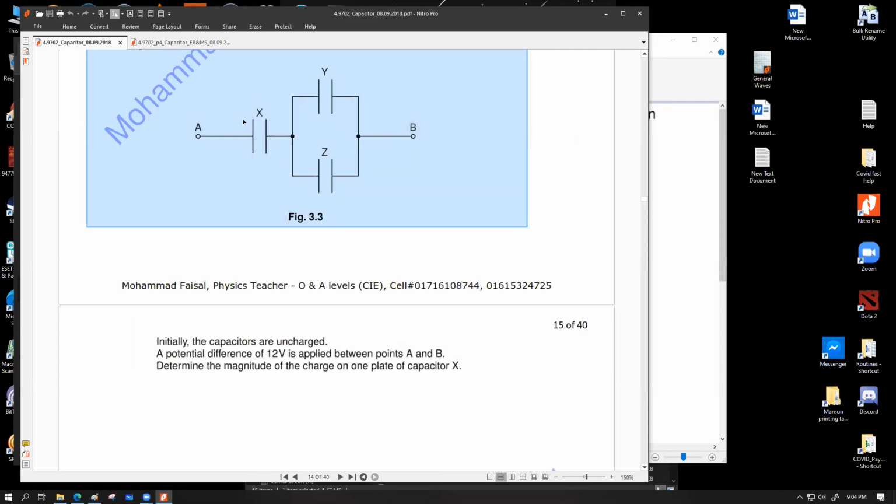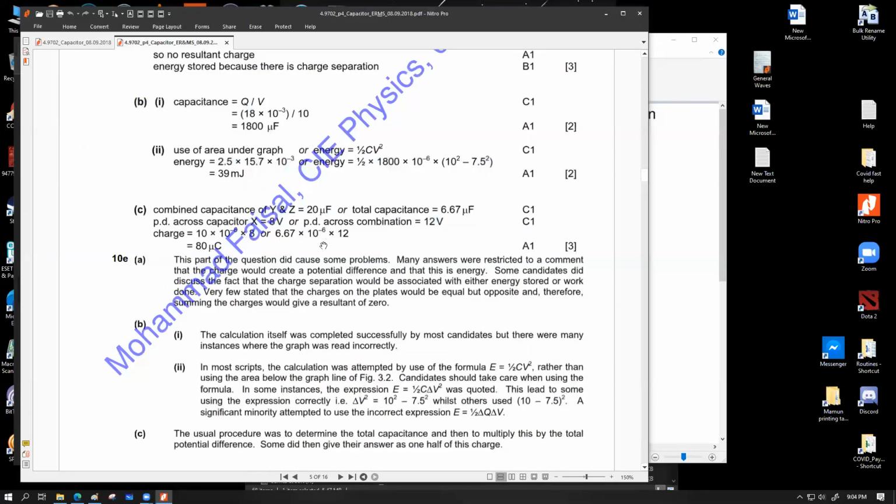Because if this is plus 2Q minus 2Q, this would be plus Q minus Q, plus Q minus Q. That way the charge will be distributed. That's why it could be calculated by both of these mechanisms. Both would give you the same mark.